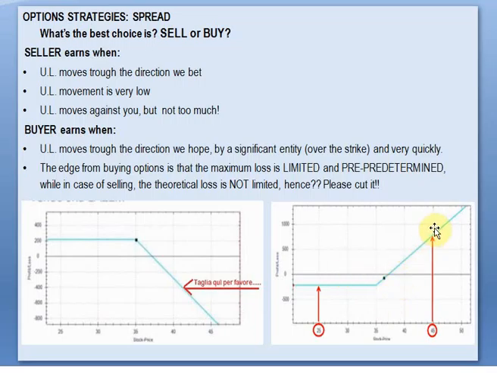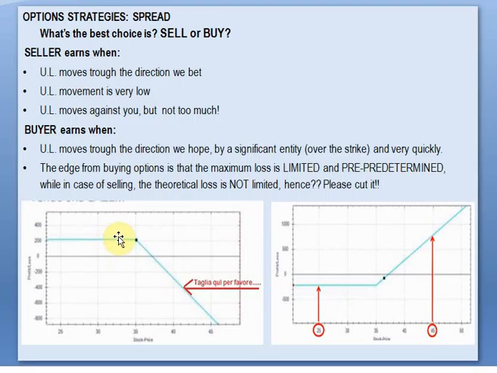So when I buy this option and the underlying is somewhere here, I hope the underlying gets moving quickly in this direction over the strike, and then I earn a lot. But if the underlying stays somewhere here, then I'm paying and losing the entire premium.